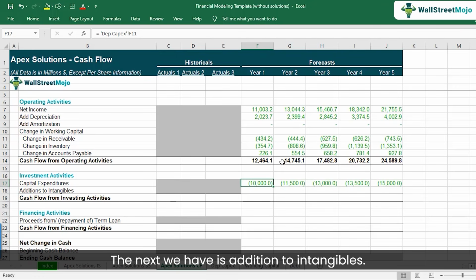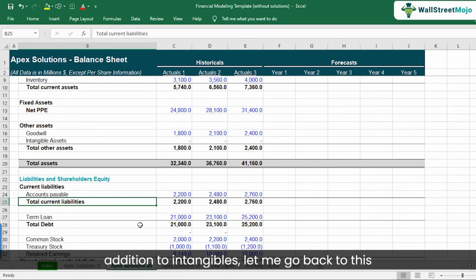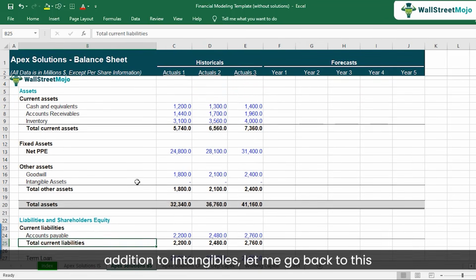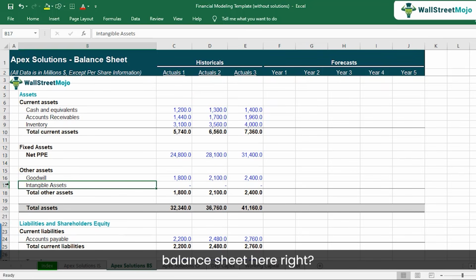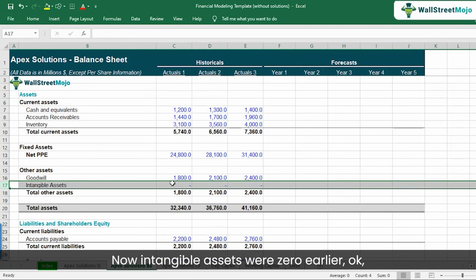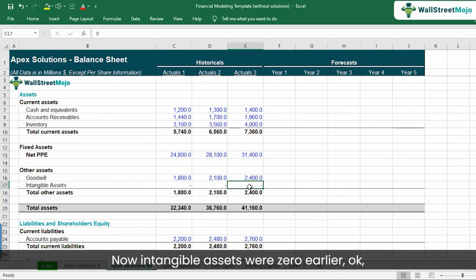The next item we have is addition to intangibles. In order to understand it, let me go back to the balance sheet. Intangible assets were zero earlier. The broad idea is that when it comes to forecasting, we see historically it has never happened, so it will continue to behave in a similar way.